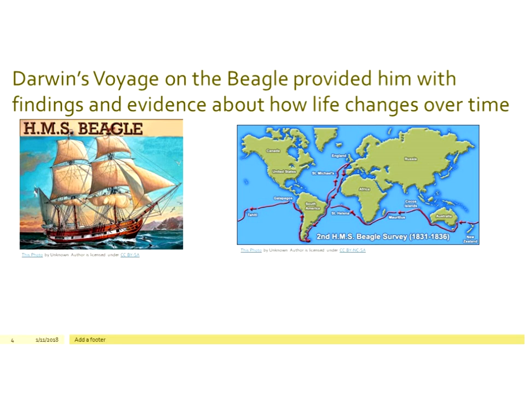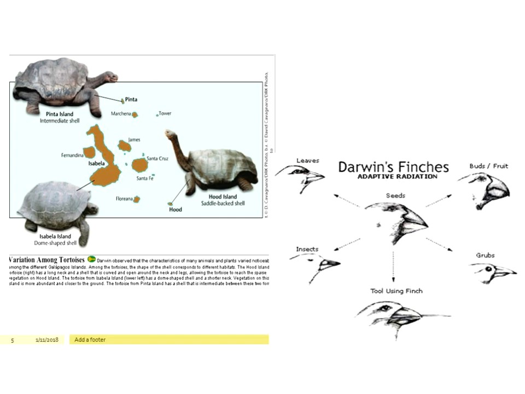And the name of his ship was Beagle, and that is why it is known as the Voyage on the Beagle. So he had traveled on that, and when he was doing his travels, he was recording his findings on the different organisms and animals and plants that he saw on these different locations and some of the differences. And his findings led to his description of what we now know as the theory of evolution.